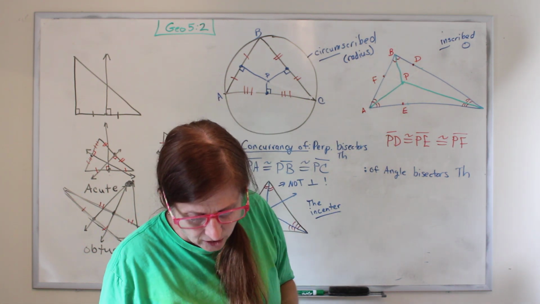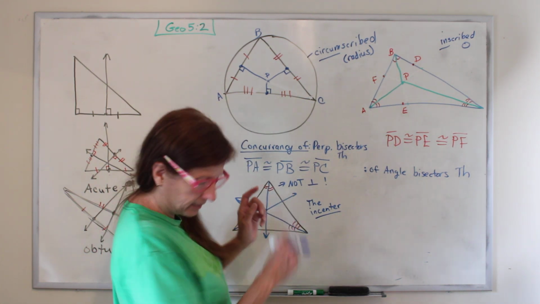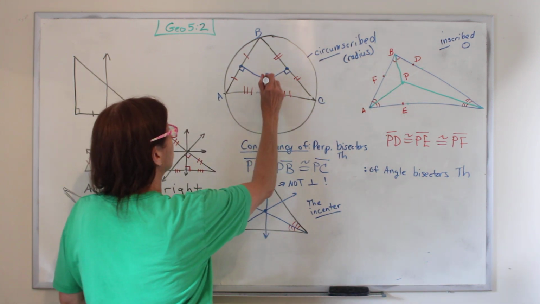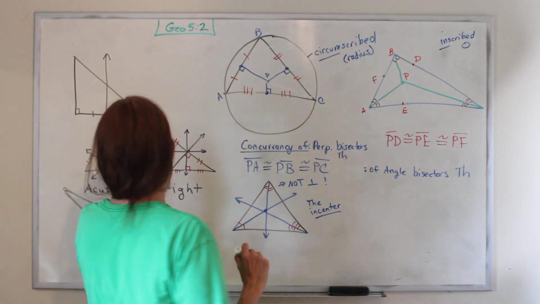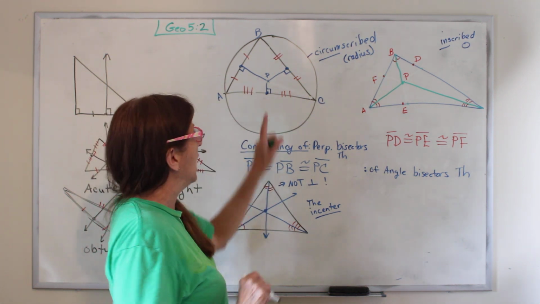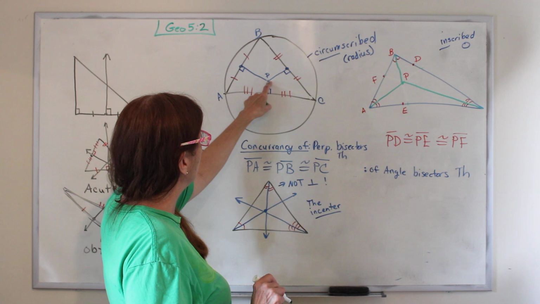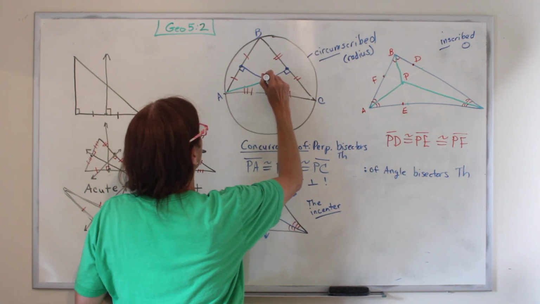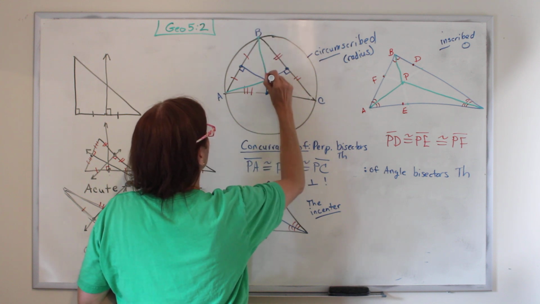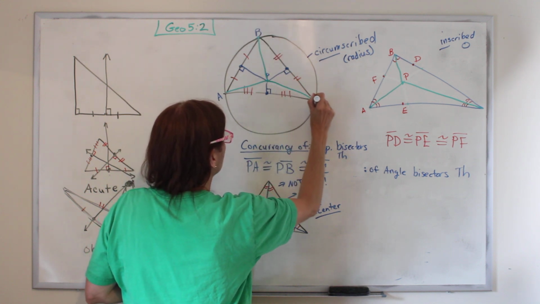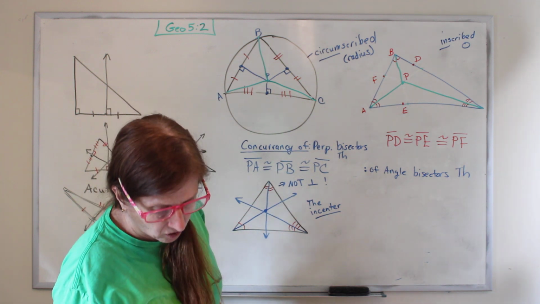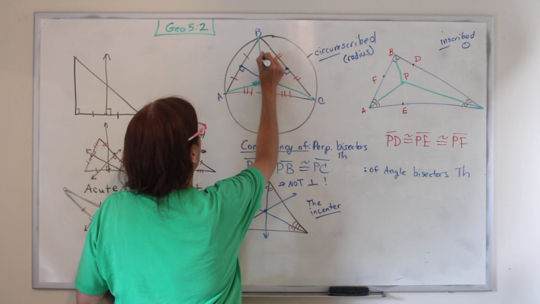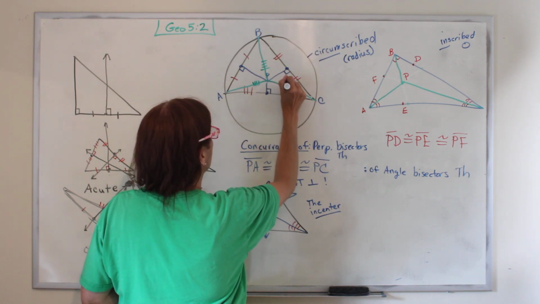Okay? If I draw a line, let me see what color I want. Let's do something different. Do I have green? Yes, I do. Notice it's acute, so they all met in the middle. If I draw a line from that point where they meet in the middle to the vertices of the triangle, it turns out that these lines all are the same length.